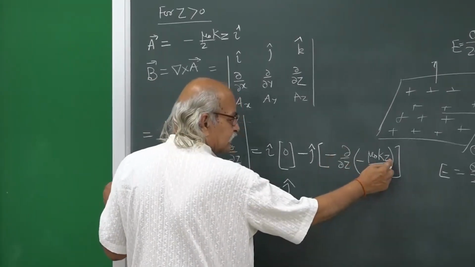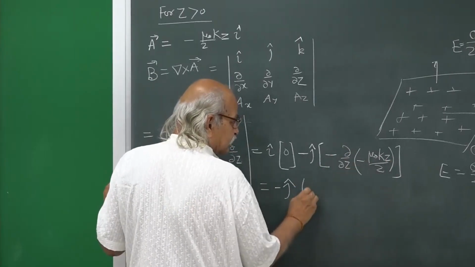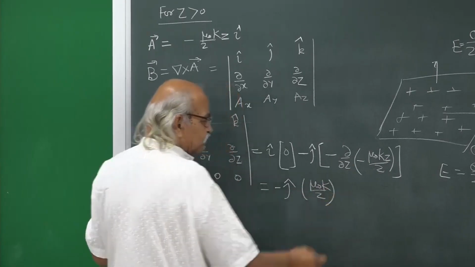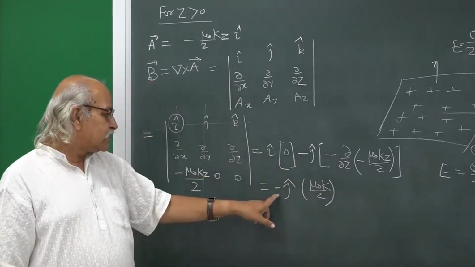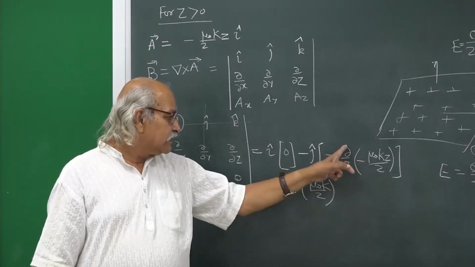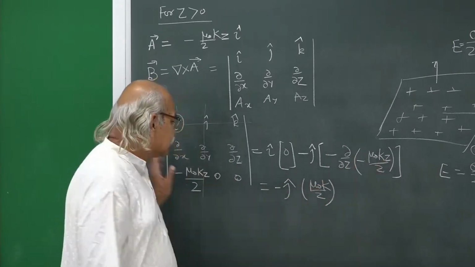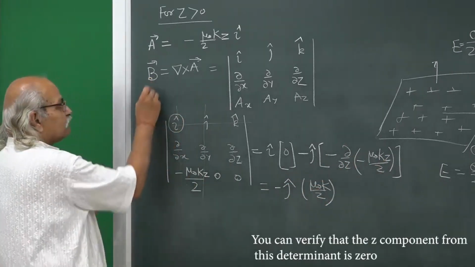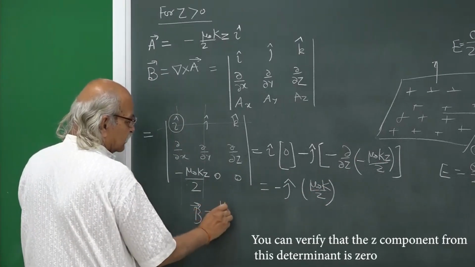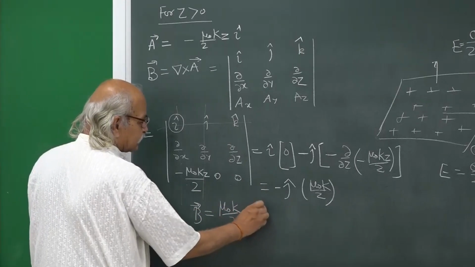So, here z is in the first power. So, the differentiation will be just mu naught k by 2. This minus and this minus I am making plus, then del z of z is 1. So, it remains this. So, that is it, you have gotten your magnetic field. So, the magnetic field is mu naught k by 2 in the minus j cap direction.